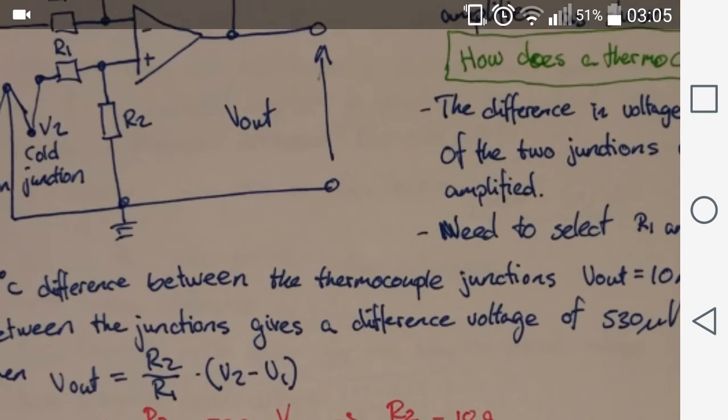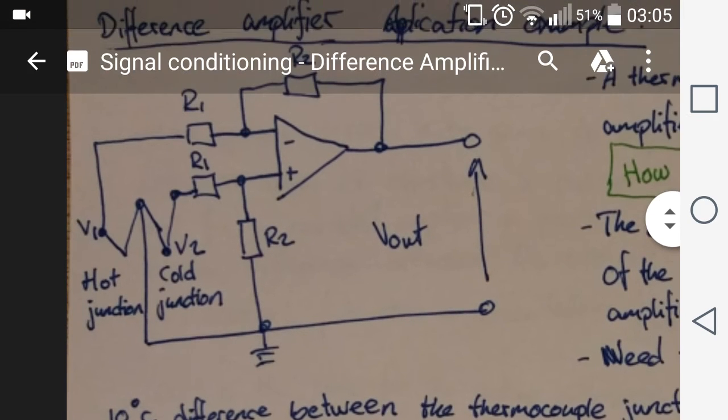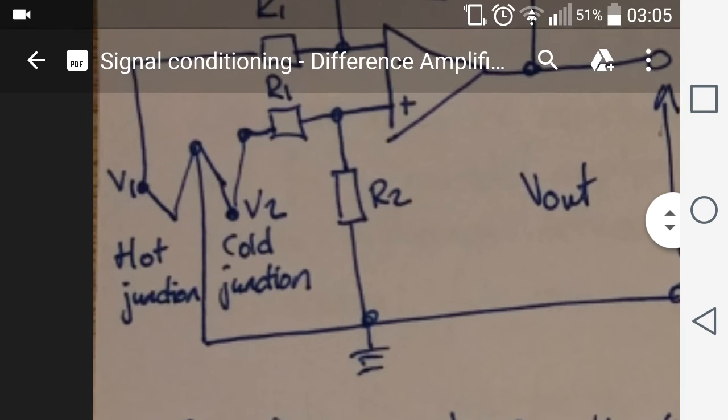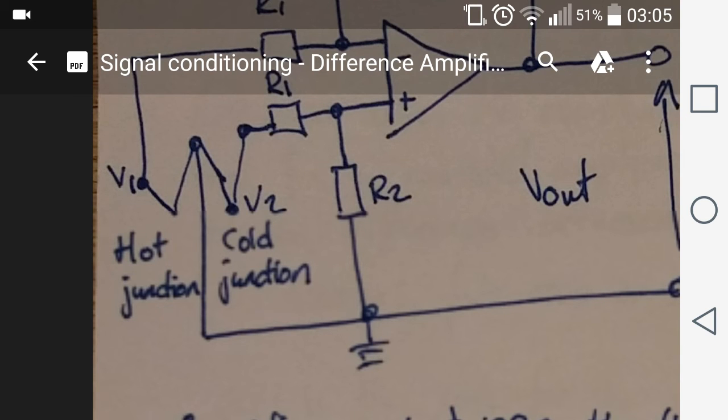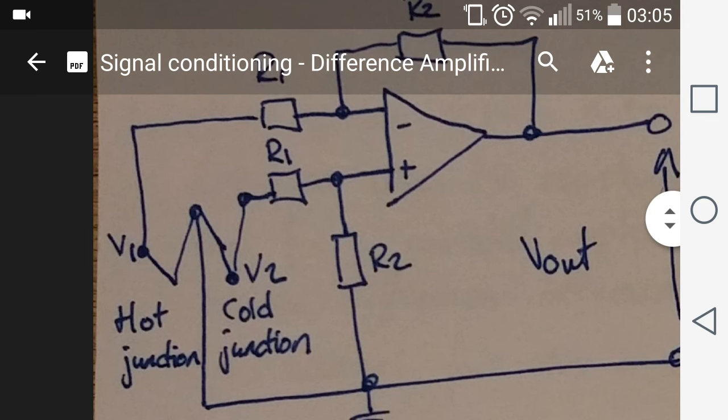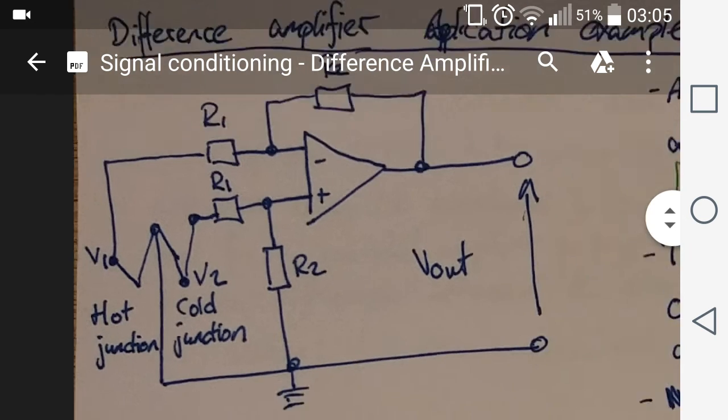If you look closely, you can see on this circuit diagram that we have marked V1 where the hot junction is connected, and V2 where the cold junction is connected. And these two, V1 and V2, go respectively to the inverting and non-inverting inputs of the amplifier.